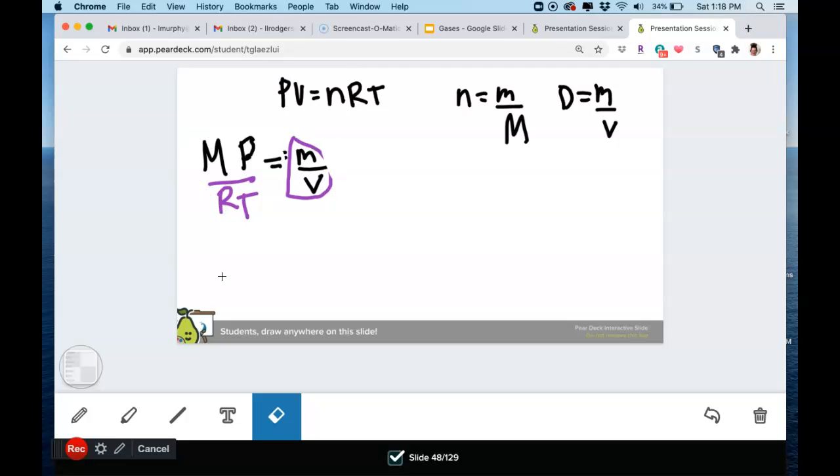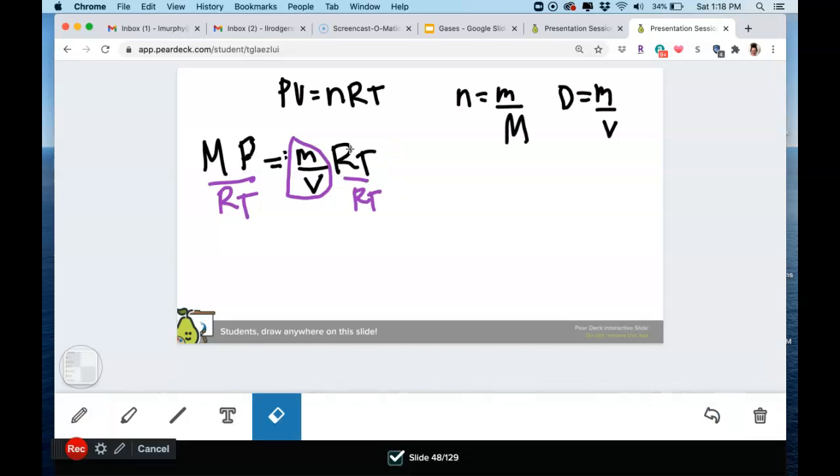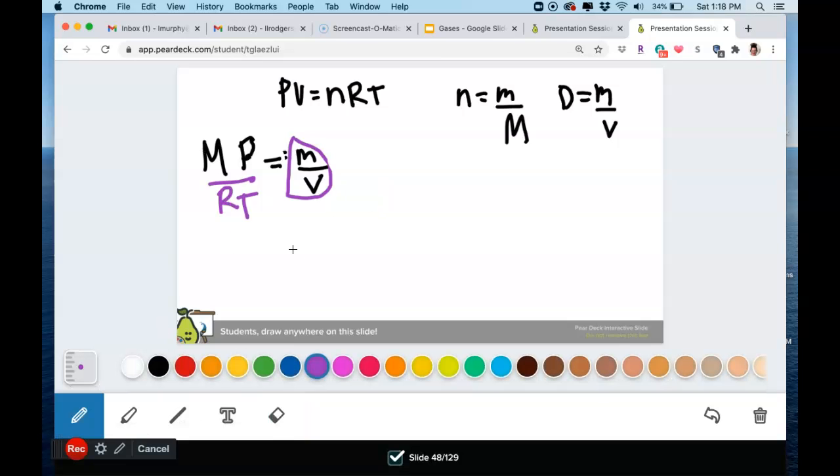Now this can also be rearranged to solve for molar mass, let's say. So that means I'd put the RT back over here if I wanted it to be molar mass. Now, if I rearrange this, it'd be DRT, and then I divide both sides by P, and that's molar mass.